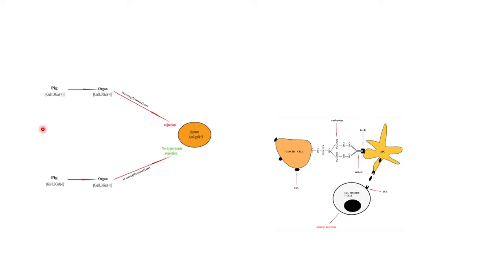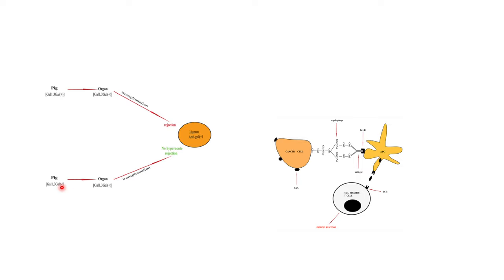In this case, when people were not aware of the alpha gal epitope, organs from pig, which is generally an alpha gal positive donor, when transferred to the human, which contains anti-alpha gal epitope antibodies, might lead to rejection because of hyperacute immune response, because the pig is an alpha gal positive donor.